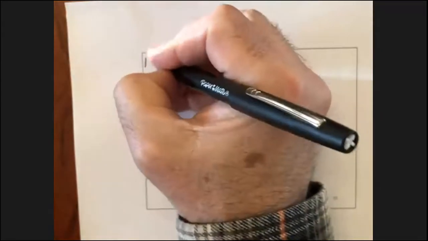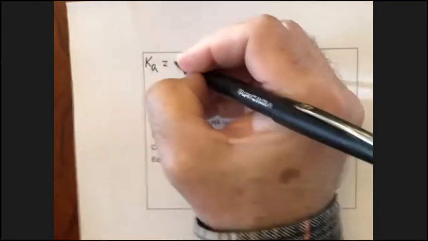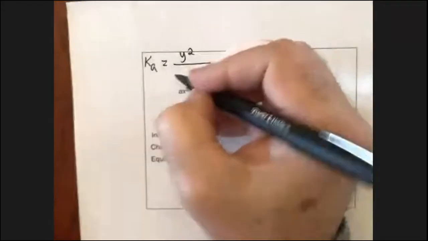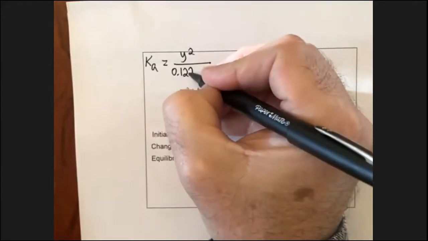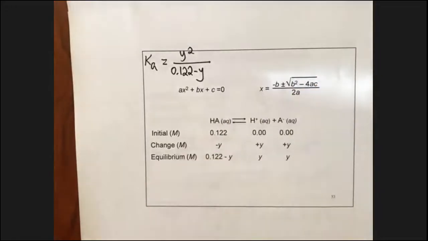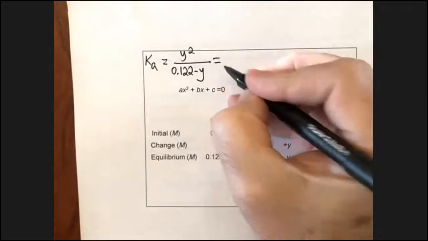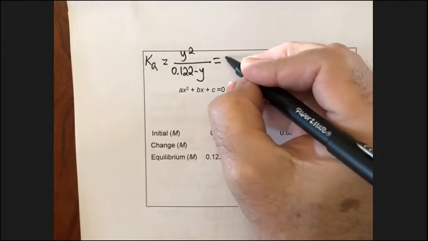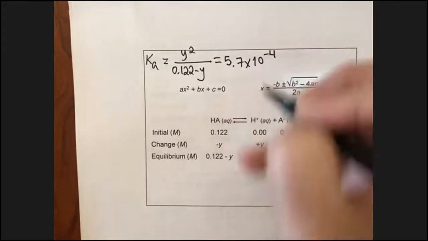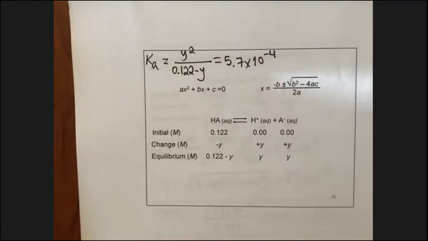So we decided that Ka is going to be Y squared over 0.122 minus Y. We cannot assume that that change is negligible anymore. And this is going to be equal to 5.7 times 10 to the negative 4. And now we have to rearrange that into a quadratic equation that has this form here.